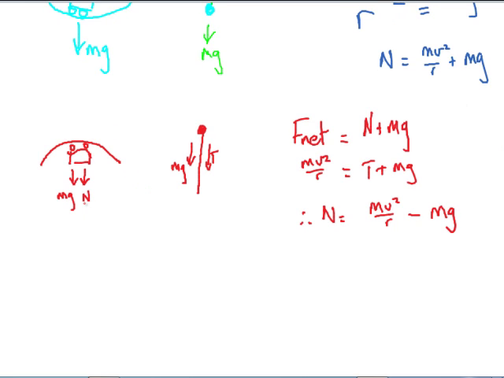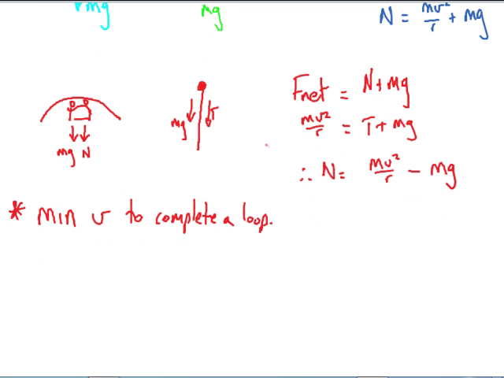And then it's this scenario here where they're going to ask you, what's the minimum velocity required to make the loop? So at minimum velocity, T equals 0 or N equals 0, whichever scenario you're working on, the process is the same.